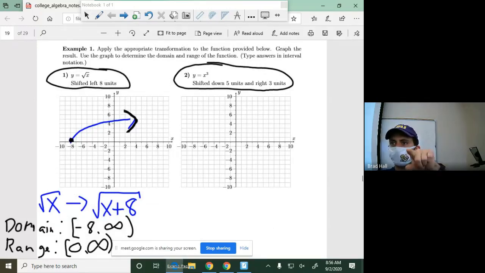And we need to take that snake shape and shift it down 5 units, 1, 2, 3, 4, 5, and to the right 3 units, 1, 2, 3. And so that's where the snake shape will start to turn, because it levels out and then goes right back up.